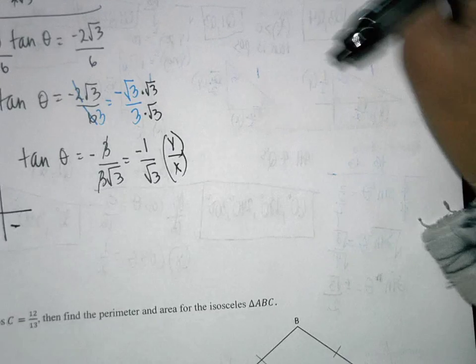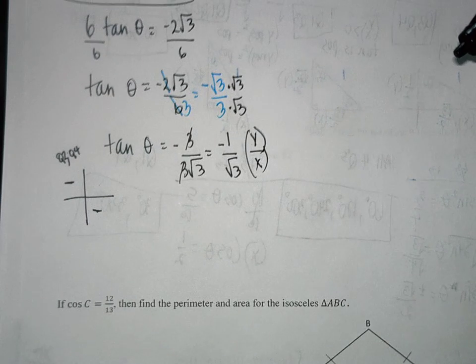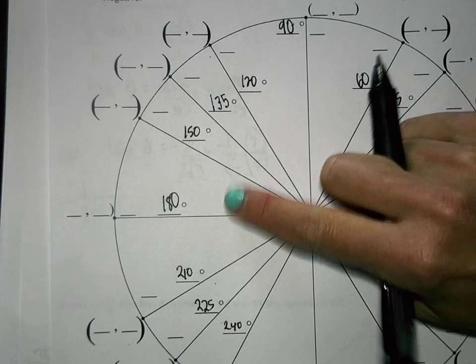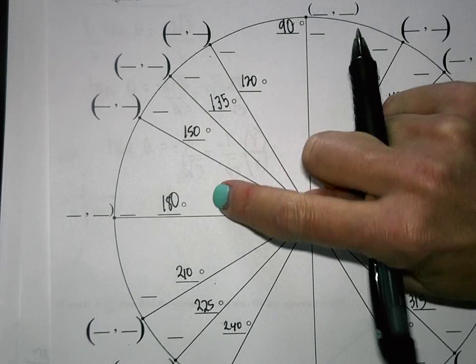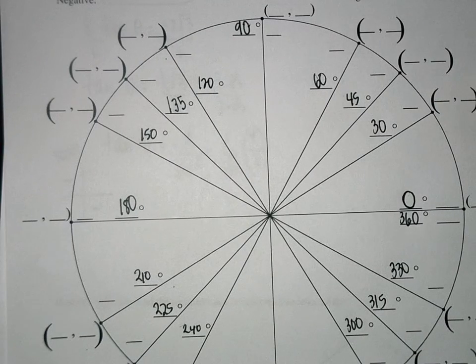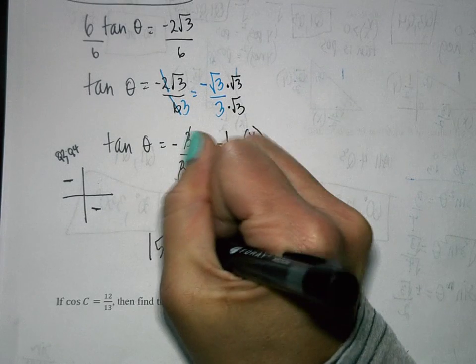But we're looking for the 30 degrees not in quadrant 1, but in quadrants 2 and 4. So if we go back to our unit circle, 30 degrees in quadrant 2 is 150, and 30 degrees in quadrant 4 is 330 degrees. 150 degrees, 330 degrees.